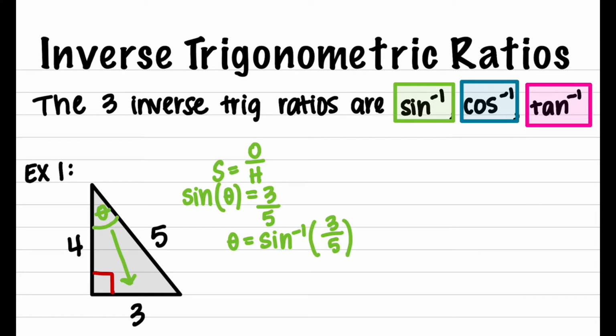So essentially it's the same information, it's just written in a different way. We just rearranged that equation that we started with in the last video. So you can use the same process of saying sine theta equals 3 over 5, just like we did previously. But if you're trying to solve for theta, or find a missing angle, you would have to use the inverse of that trig ratio.